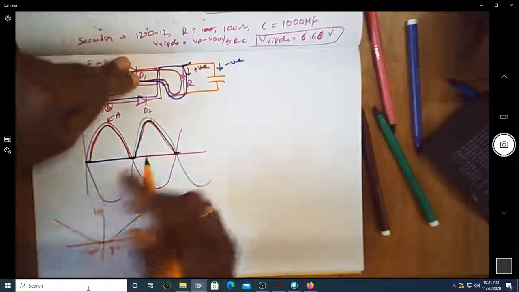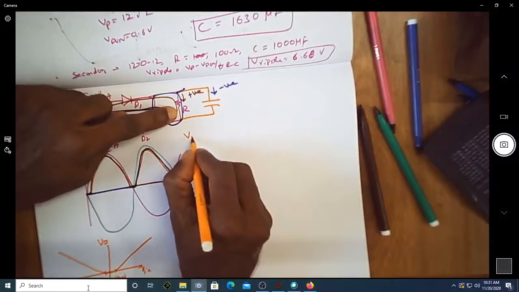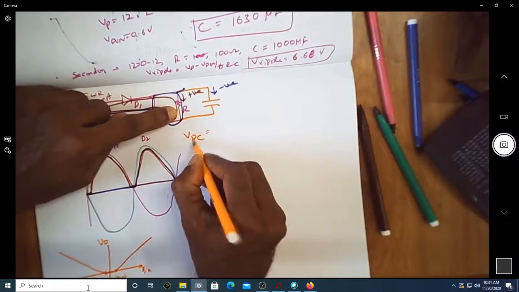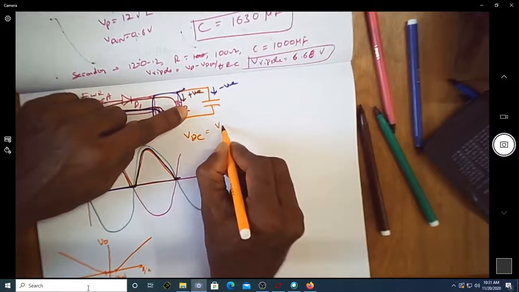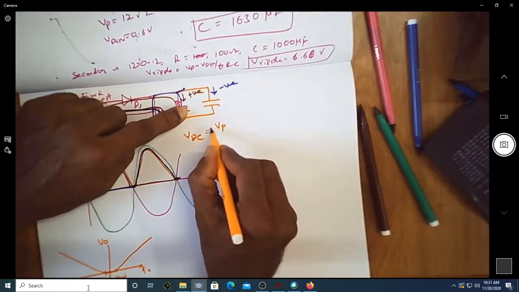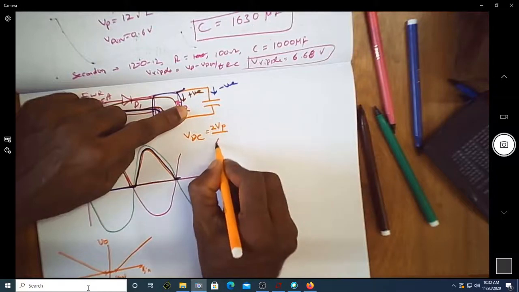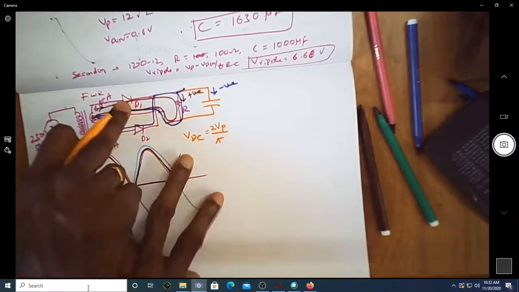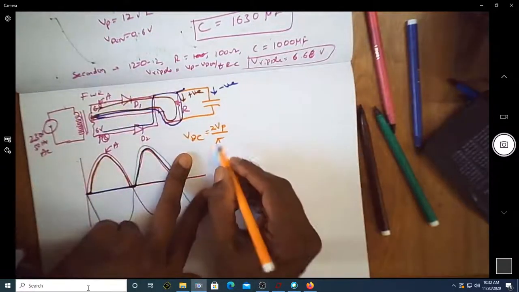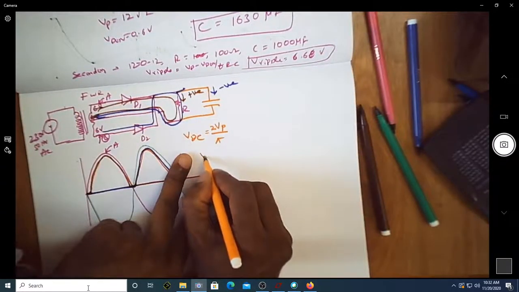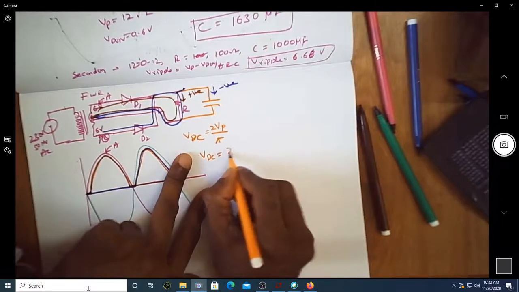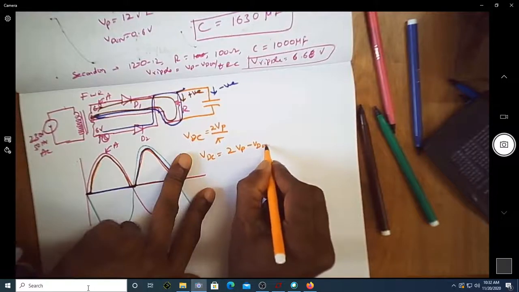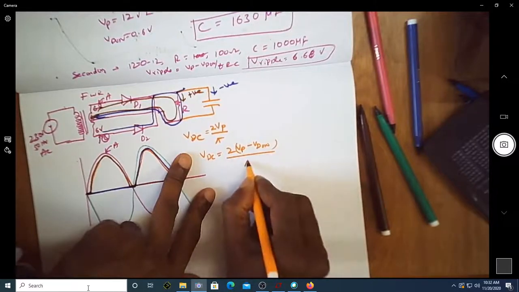For this particular circuit, the output voltage without this capacitor, VDC, for an ideal case is 2 Vp by pi, if you consider the diode to have no cut-in voltage, but for practical diodes it is 2 times Vp minus Vd on by pi.